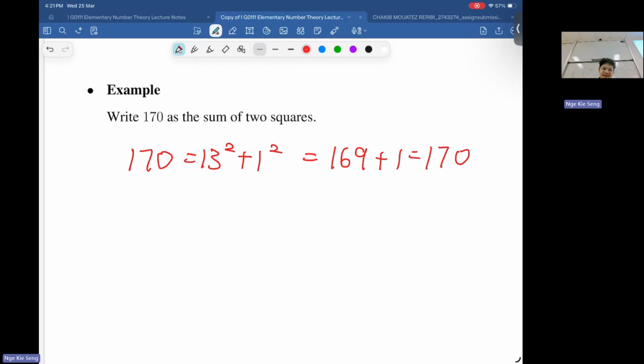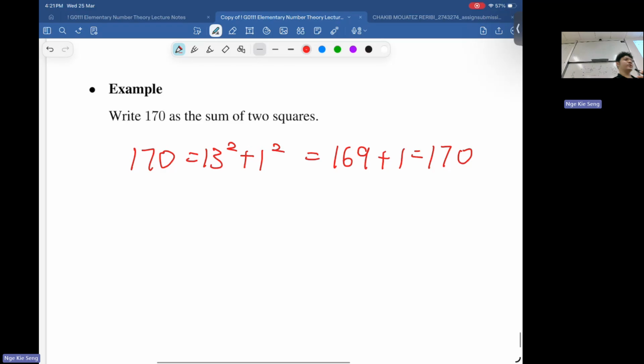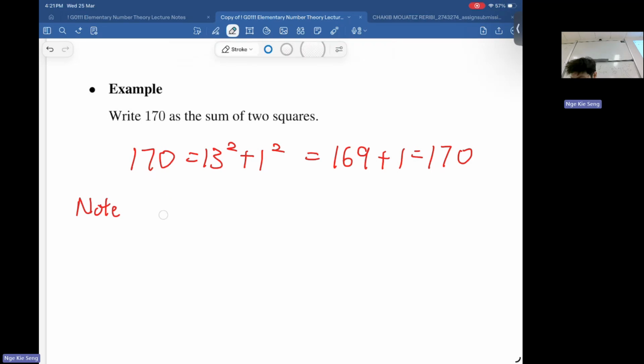But can you use the previous theorem to help you break down this problem? Can you think of a way to break it down? So how do we use the previous idea to solve this?